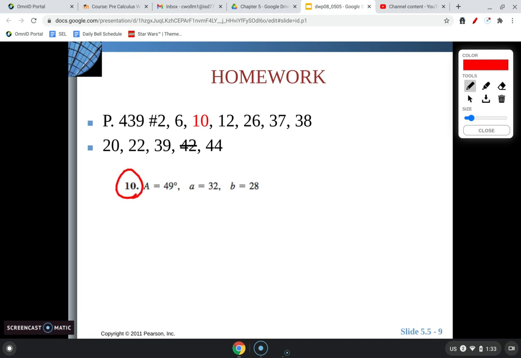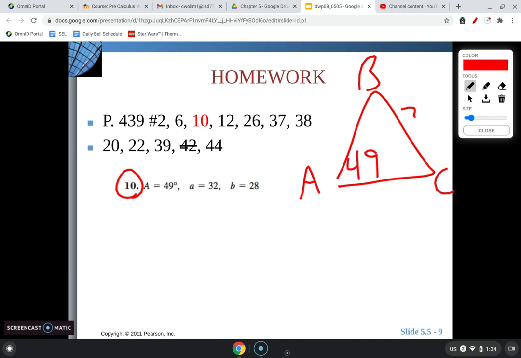Okay. So number 10 is solving the triangle. So first thing I want to do there is A, B, C. A is 49, little a is 32, little b is 28. So we need to find all the rest of our pieces parts. So here we go.